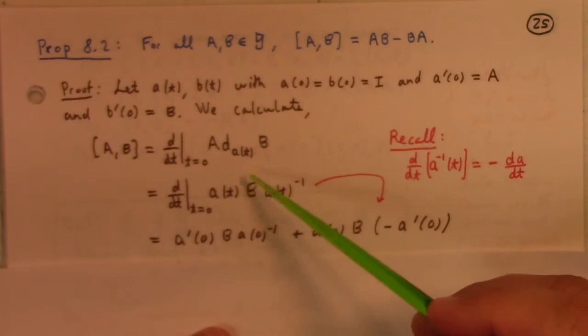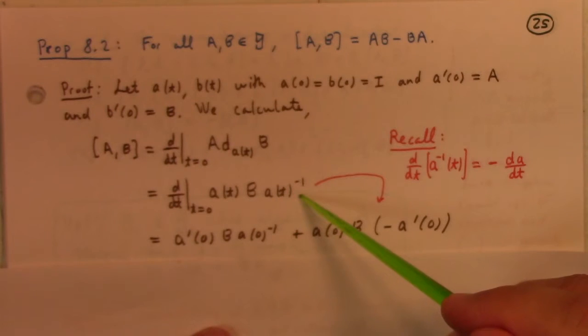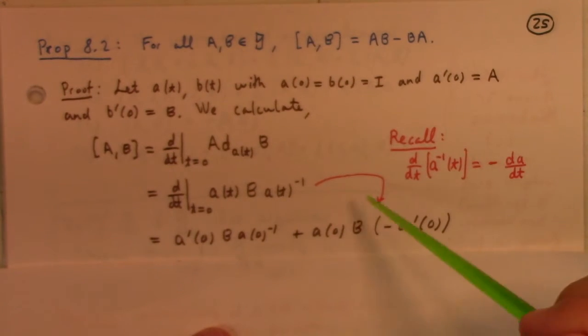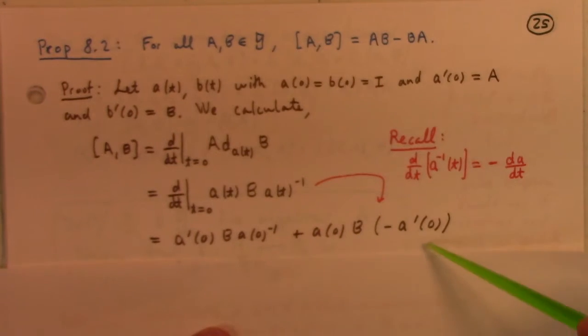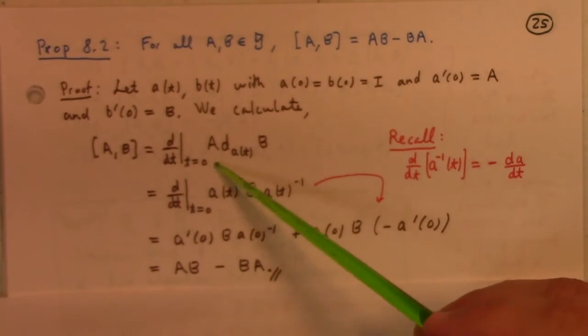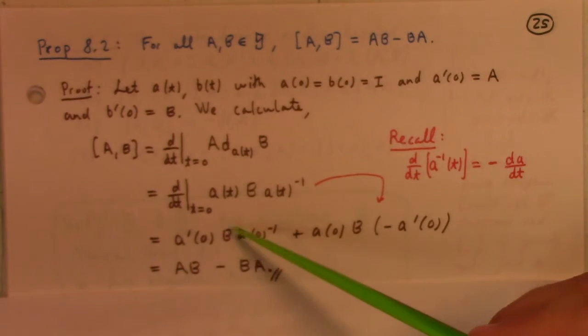But of course, when I differentiate, I have the product rule. But this, remember, the inverse element goes with minus. That was one of the first things we proved a while ago. So the derivative of the inverse is minus the velocity of the uninverted curve. So that picks up a minus, and then we get, of course, a(0).